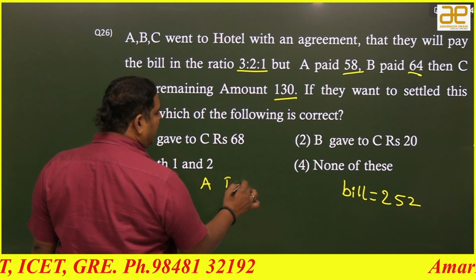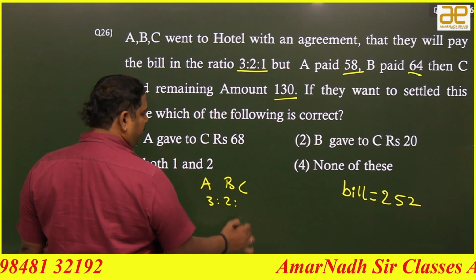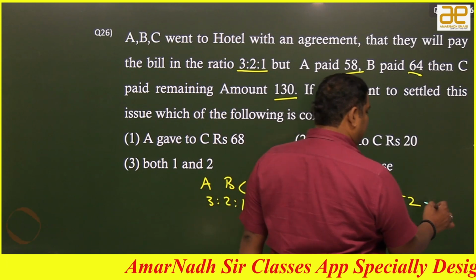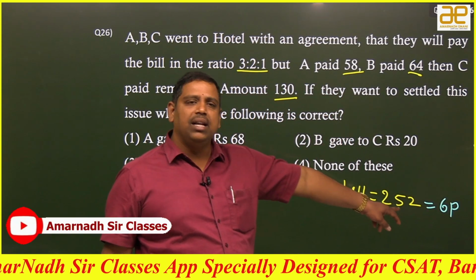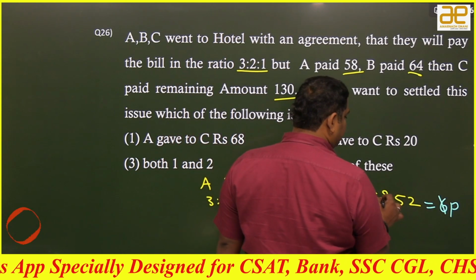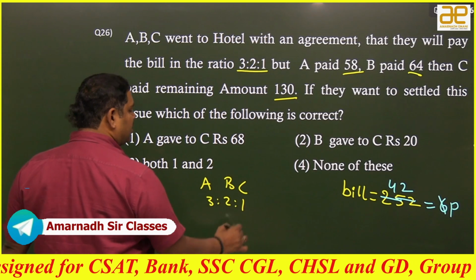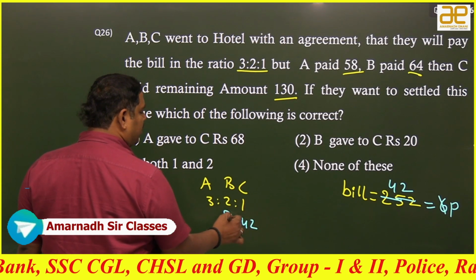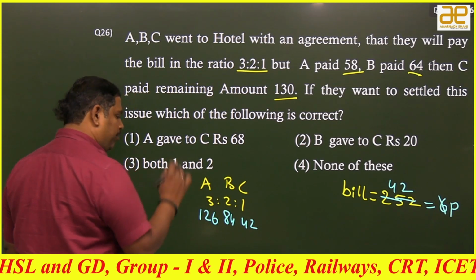A, B, C have to distribute that bill in the ratio 3:2:1. Total is 6 parts. Whether they paid in the same order or not is the second case, but the total bill is this. If you divide by 6, C has to pay 42 rupees. B has to pay 2 into 42, which is 84 rupees. A has to pay 3 into 42, which is 126 rupees.